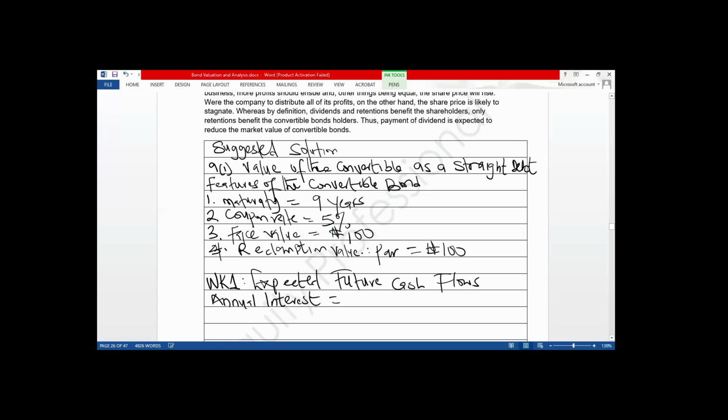That is 5% of face value. 5% of 100 naira. That will give me 5 naira. Year 1 to year 9. The bond will mature in 9 years.